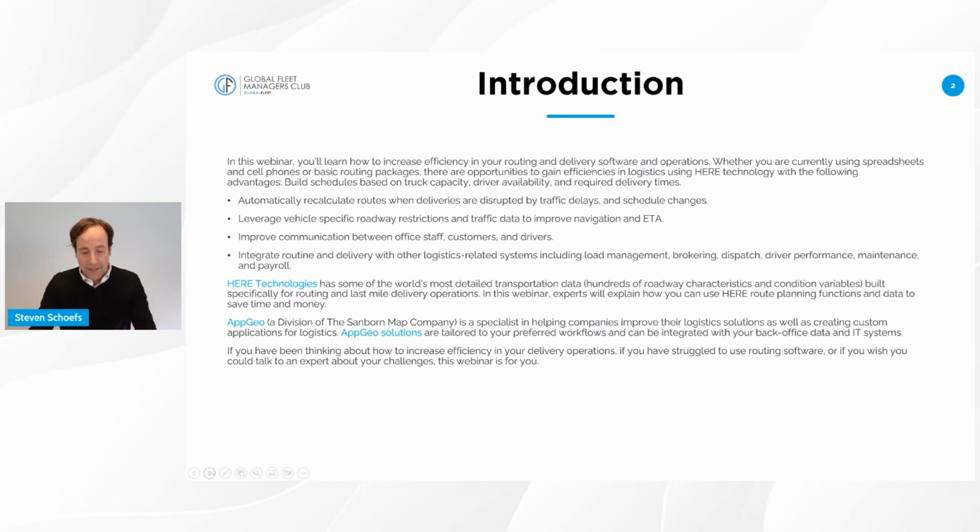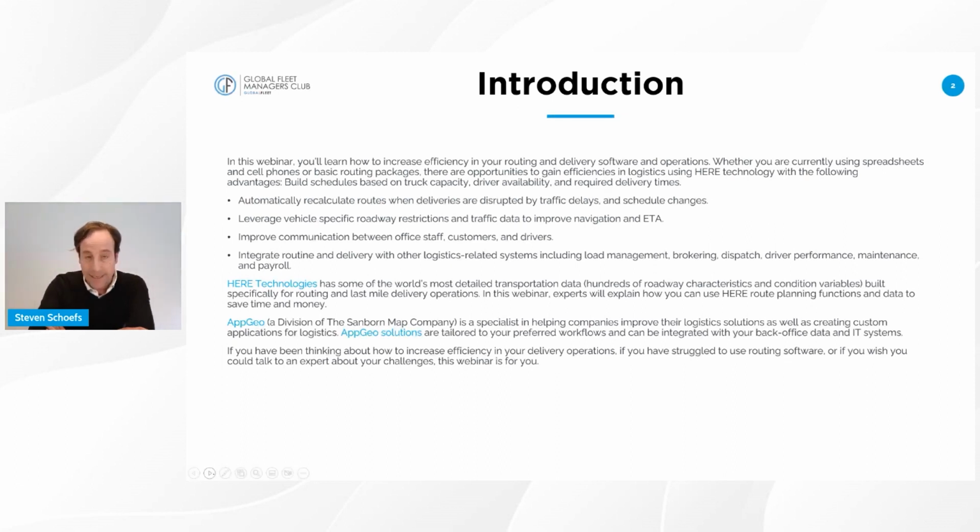And here it is where Here Technology steps in. Here Technologies has some of the world's most detailed transportation data built specifically for routing and last mile delivery operations. In this webinar, experts will explain how you can use Here routing planning functions and data to save time and money.